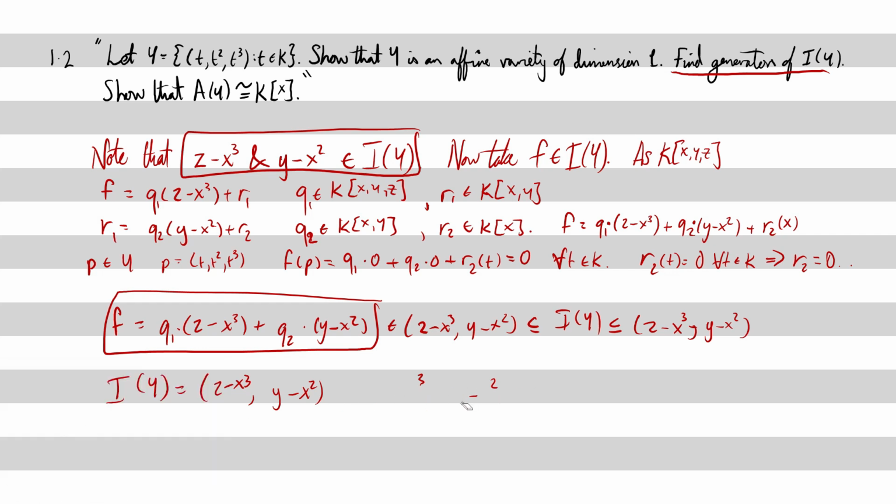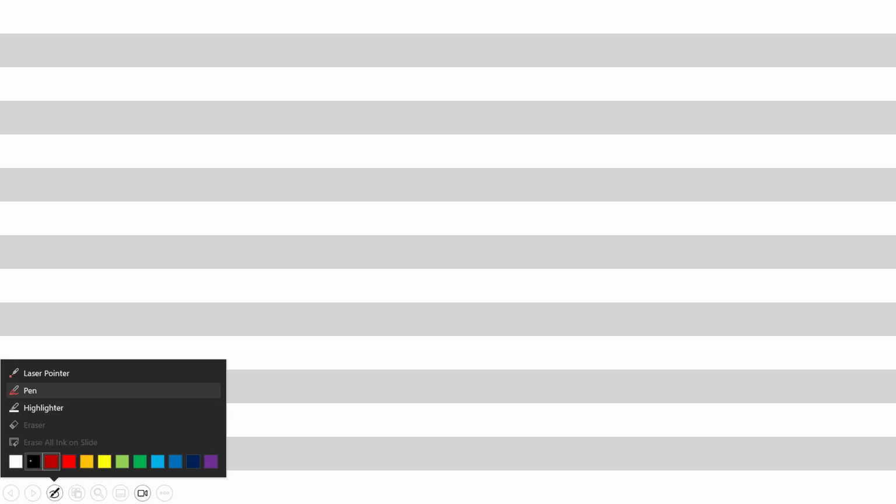Now, let us turn a page, metaphorically, and I will write 1.2 up here, and consider the function from k[x, y, z] into k[t] via f(x, y, z) maps to f(t, t squared, t cubed).